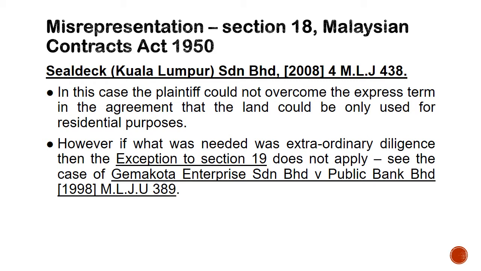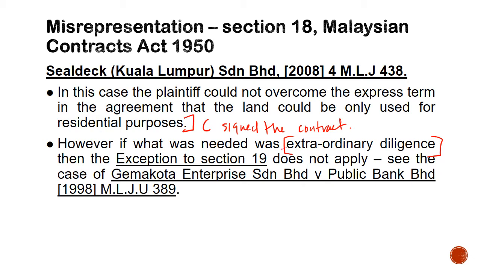In that case, the plaintiff could not overcome an express term in the agreement that the land could only be used for residential purposes. The reason is because here the claimant had signed the contract, and the fact that there was a term in the contract bound the claimant to its consequences. Now, the only exception to ordinary diligence is to argue that it would have taken extraordinary diligence in order to determine the misrepresentation.